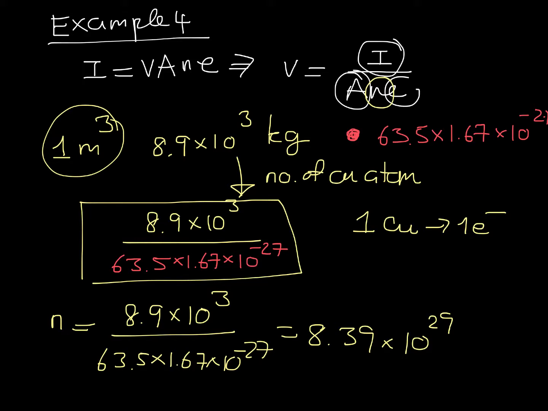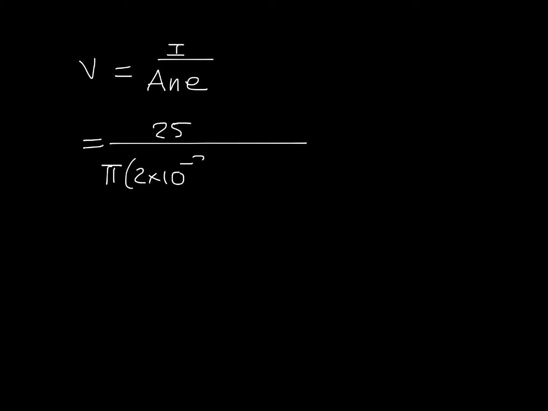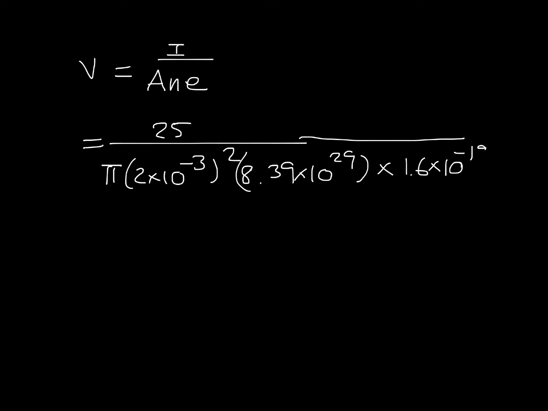So we have V equal to I over ANE, and this equals 25 over A, with radius of 2 millimeters, so pi times r squared, times N, which we've got as 8.39 times 10 to the power of 29, times 1.6 times 10 to the power of minus 19.